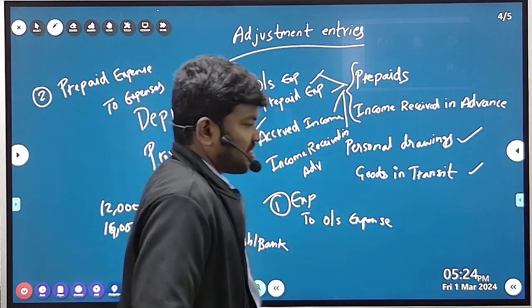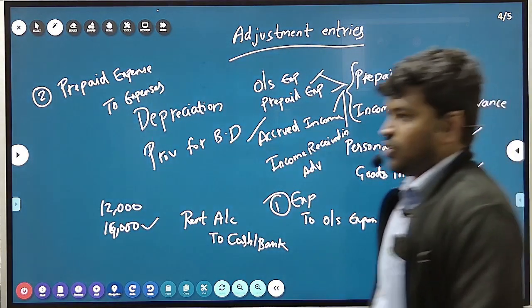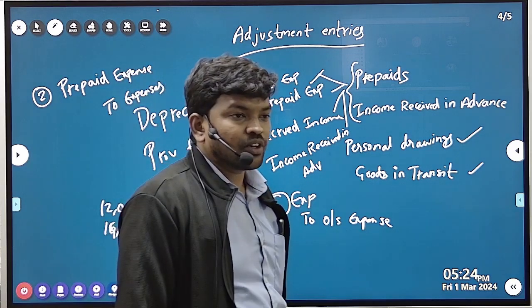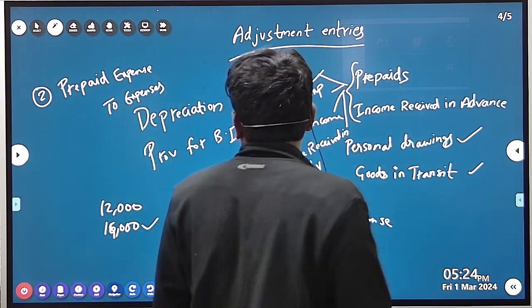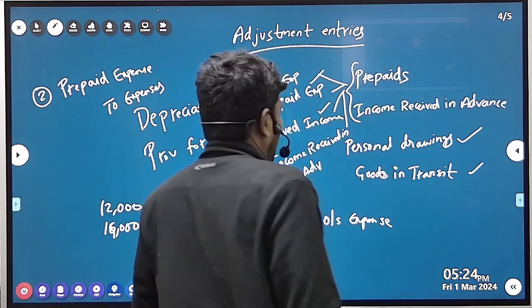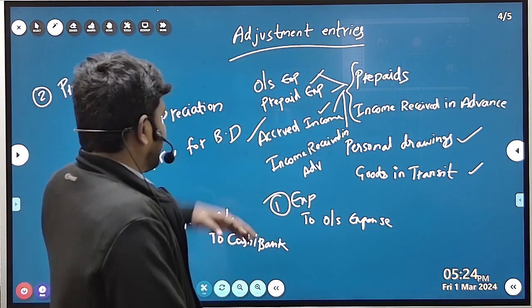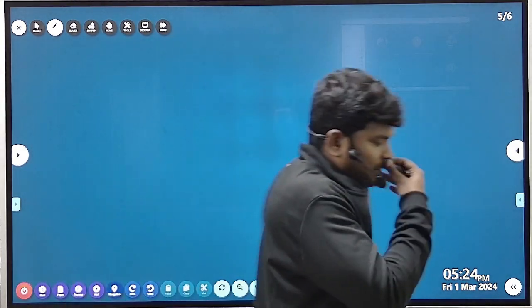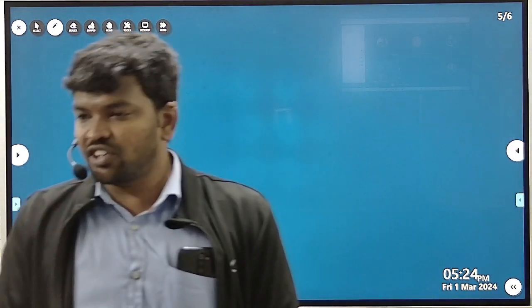Accrued income, what is the entry? Accrued income account debit to debtors. No, this is an income. How is it related to debtors? This is a different income. Accrued income is nothing but income earned but not received.